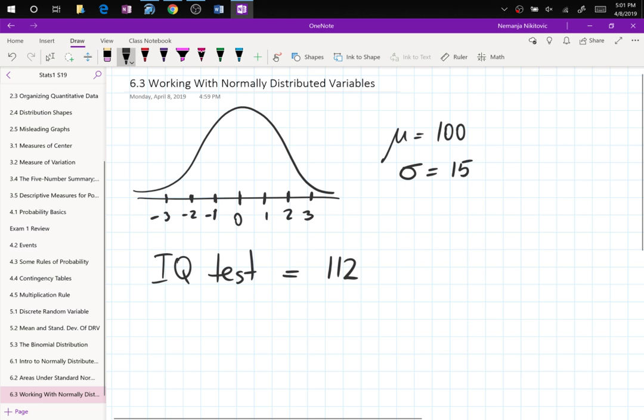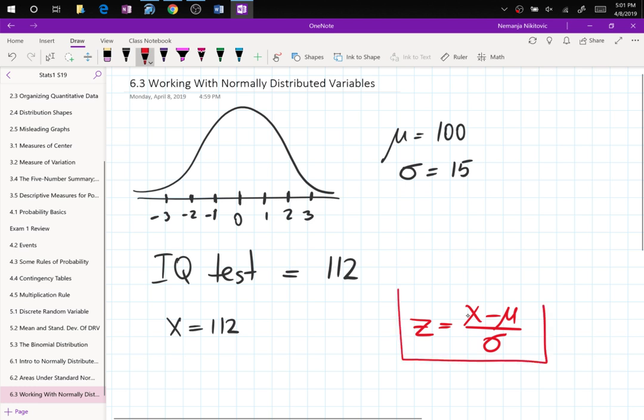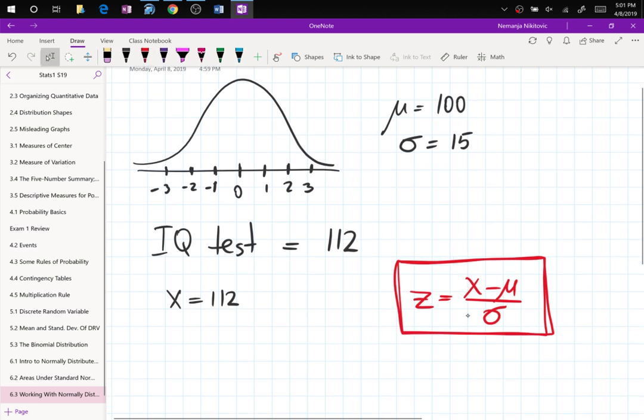Well, this 112 is the x value. And you use that in the formula, z equals x minus mu over sigma. You've seen this formula in 3 different lectures so far. You use this normalizing formula to change your x into a z. And then you can use the chart to find whatever you want.